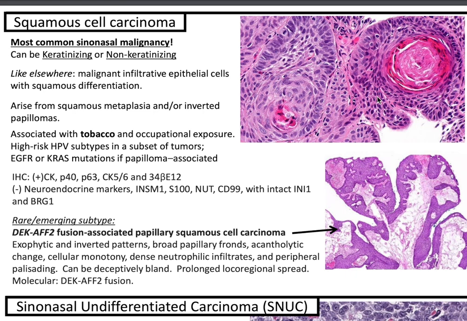It's associated with tobacco and occupational exposure. There are high-risk HPV subtypes in a subset of tumors. If it's papilloma associated, there are EGFR or KRAS mutations. It will be positive for your cytokeratins, P40, P63, CK5/6, and 34βE12.